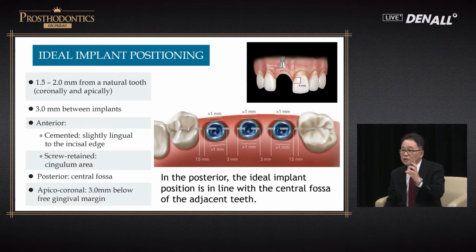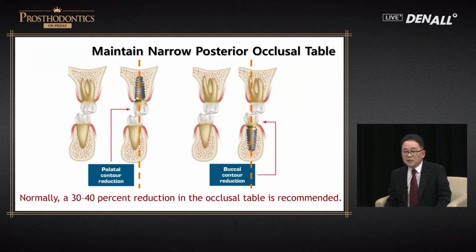Ideally, in the posterior region, the ideal implant position is in line with the central fossa of the adjacent teeth. That is the best position. So implant position can explain almost all. A 30 to 40% reduction in the occlusal plane is recommended.